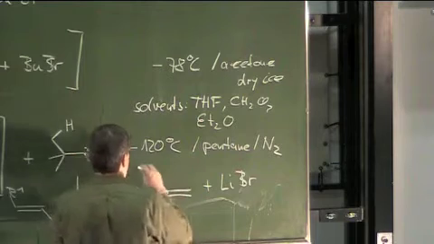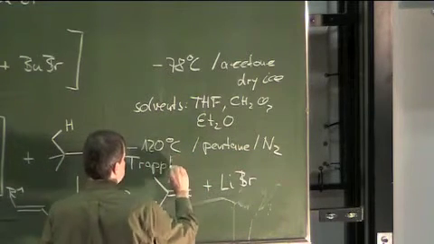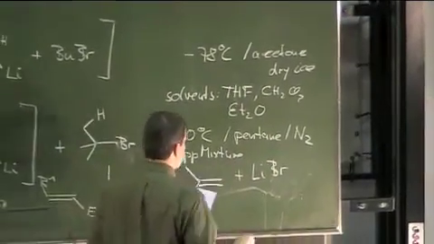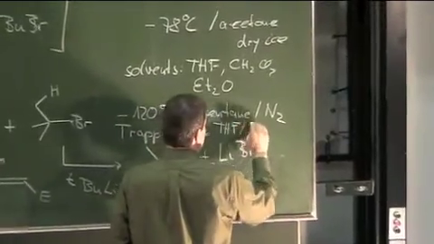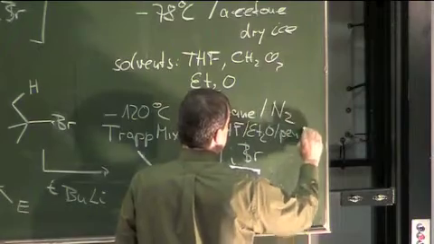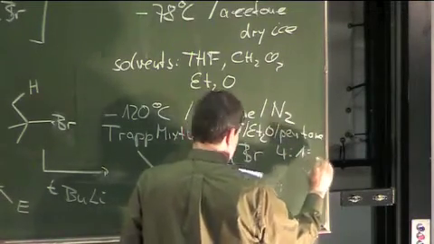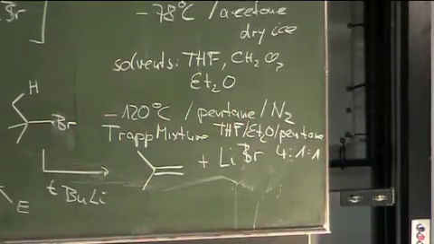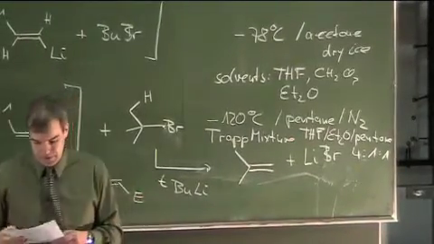And one famous one is the so-called Trapp mixture, which is a THF, ether, pentane mixture in the ratio of about 4:1:1. And there you can go really low in temperature without the danger that your solvent might solidify.